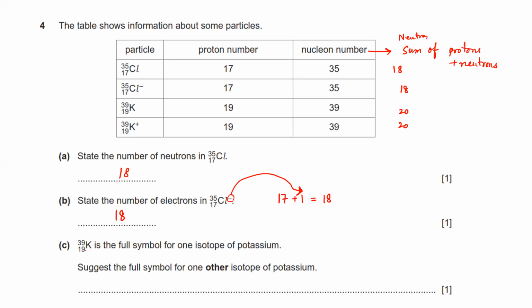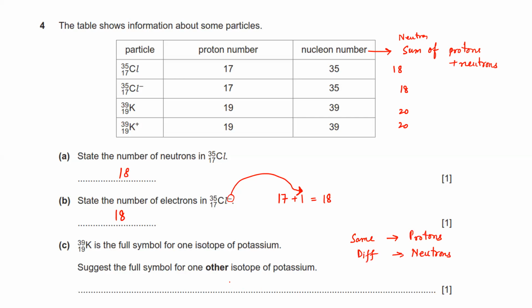Then it says potassium 39, 19 is a full symbol for one isotope of potassium. Suggest one full symbol for one other isotope of potassium. So remember isotopes have the same number of protons and different number of neutrons.